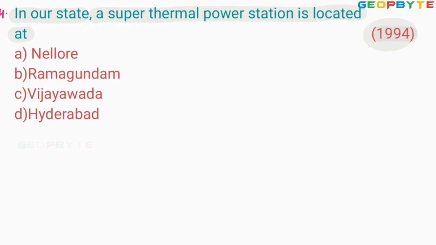So anyhow, for the super thermal power plant, option A Nellore, Ramagundam, Vijayawada, Hyderabad. Definitely Ramagundam is the correct option. The super thermal power plant is available in Ramagundam. I hope you clearly got my point. Let's take the next problem.